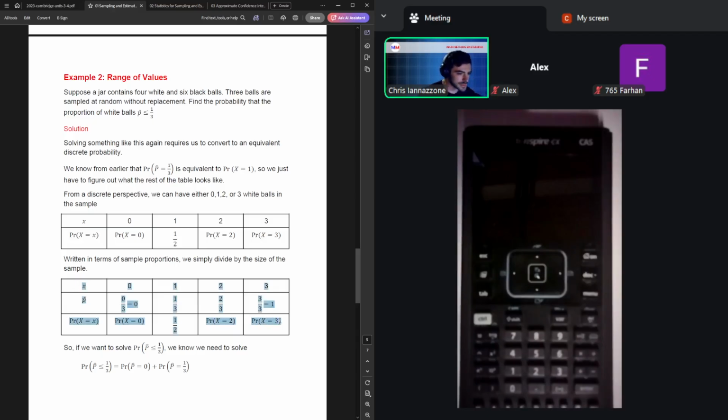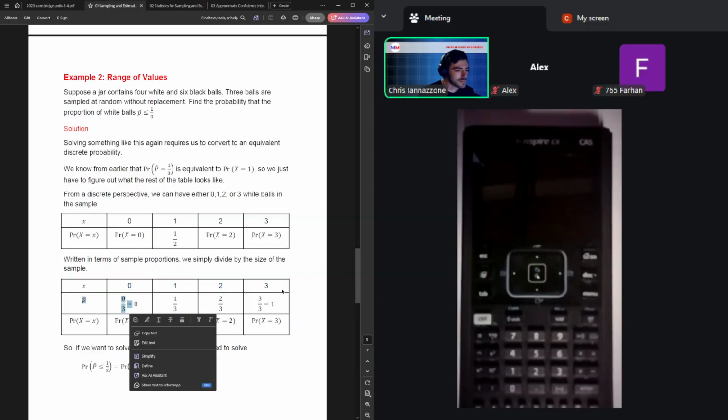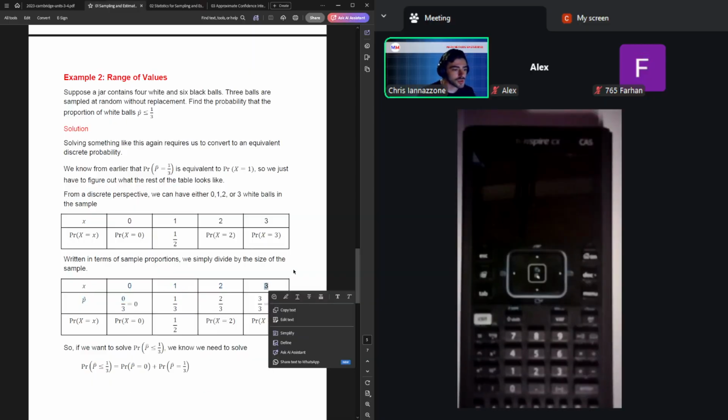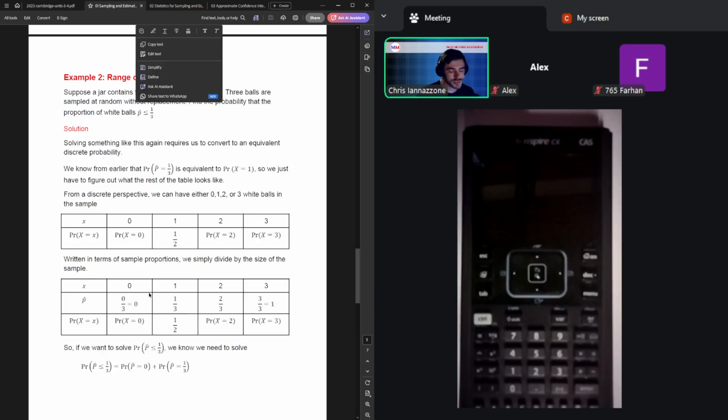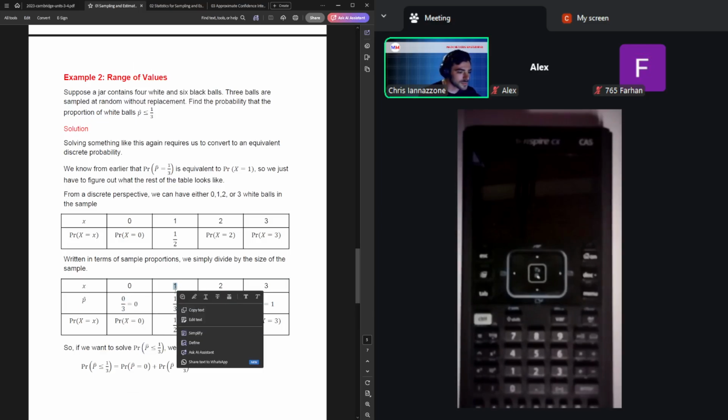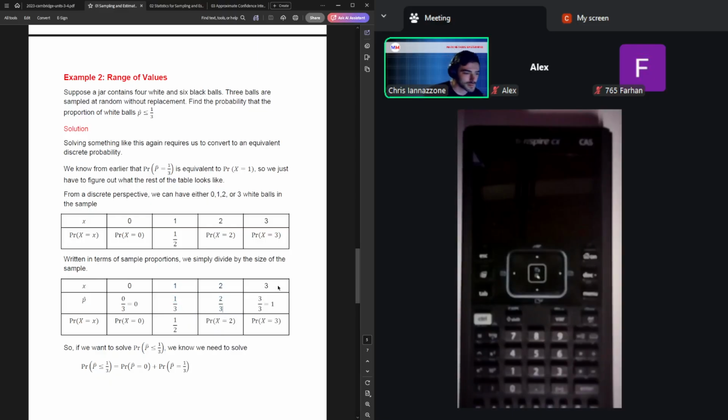Just for fun, here's the equivalent that you would write for the p-hat table. Rather than having all these x values, the p-hat values just end up being fractions of whatever your largest outcome is. So rather than 0, it's now 0 out of 3, which obviously goes down to 0. Rather than 1, it's 1 out of 3. Rather than 2, it's 2 out of 3, and so on and so forth.